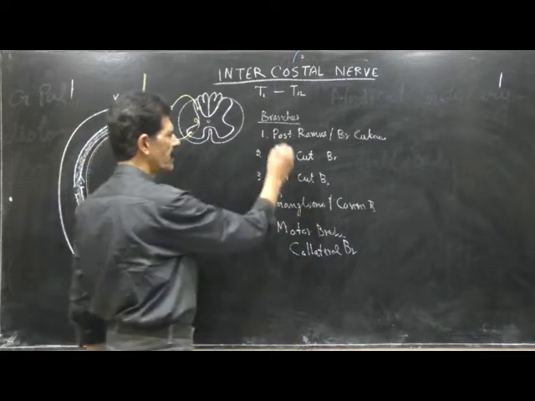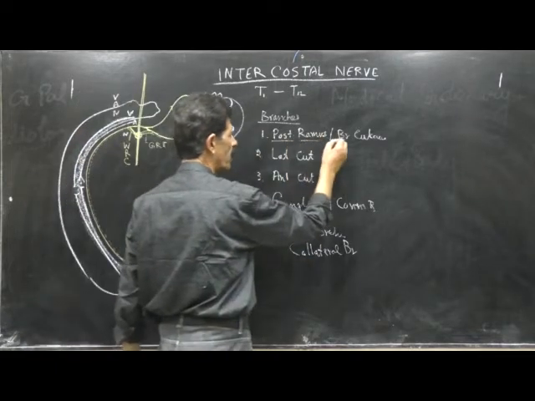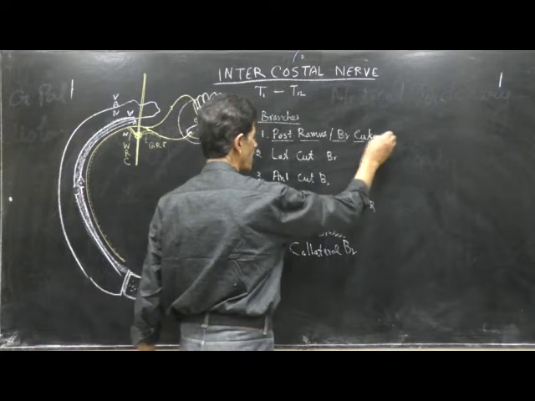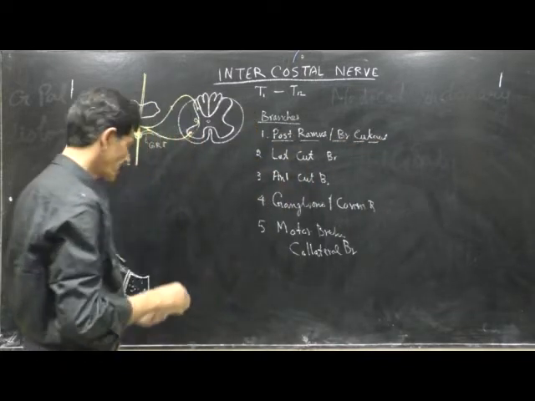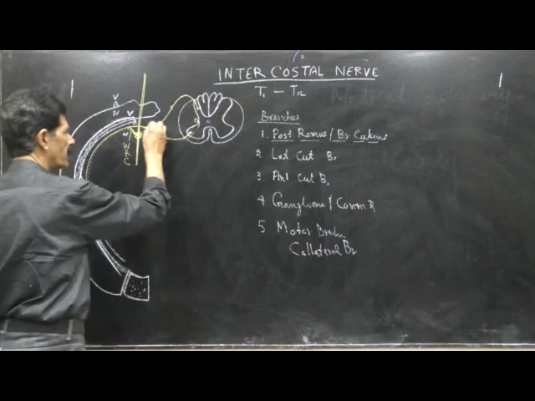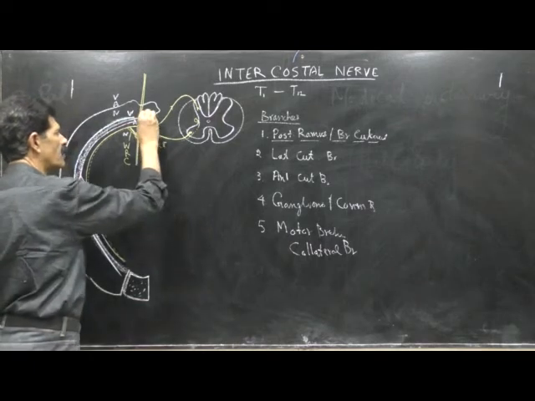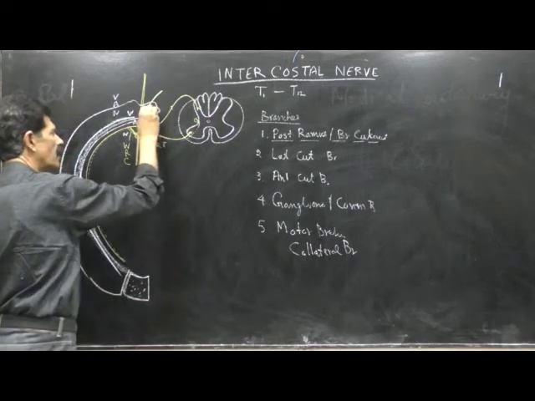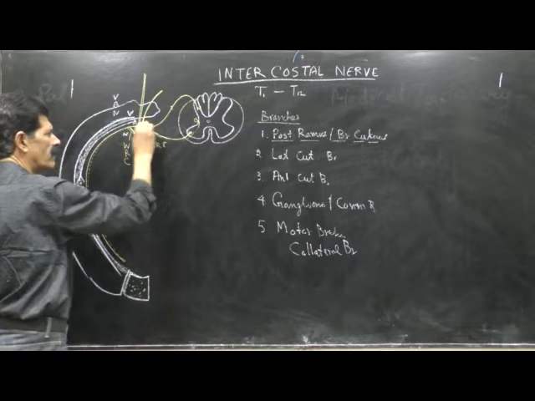First is the posterior ramus of the spinal nerve, or the posterior cutaneous branch. This posterior cutaneous nerve is the posterior ramus of the intercostal or the spinal nerve.